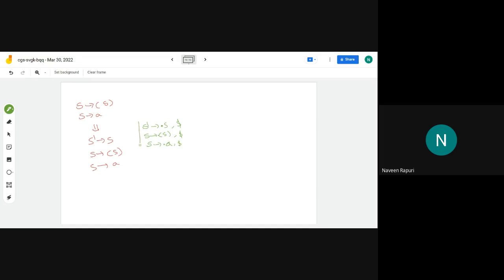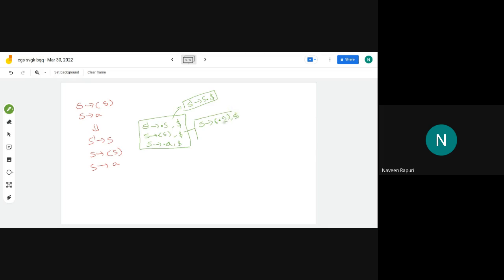So this is I naught. By moving the dot, we get S dash derives S dot comma dollar. By expanding it, we'll get S derives open parenthesis dot S comma dollar.